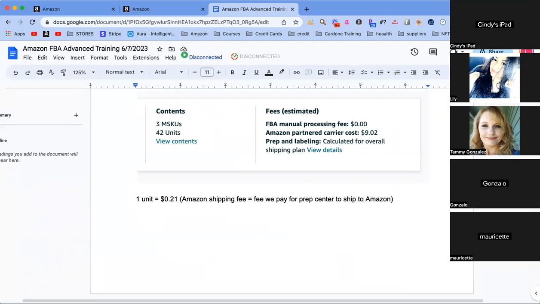So the selling price after fees minus your true cost equals your profit. Am I right? Yes, true cost.